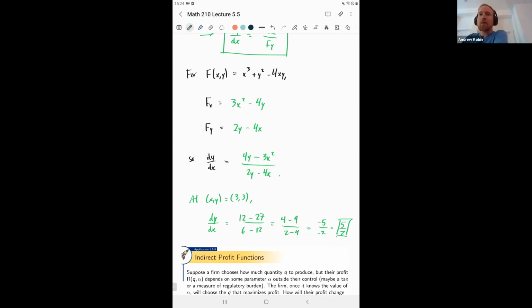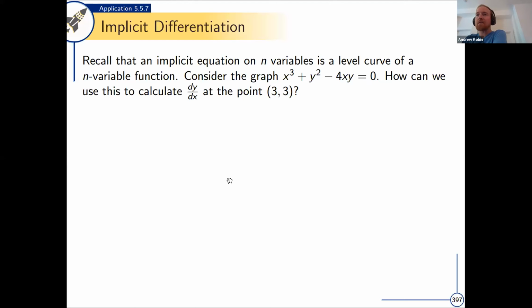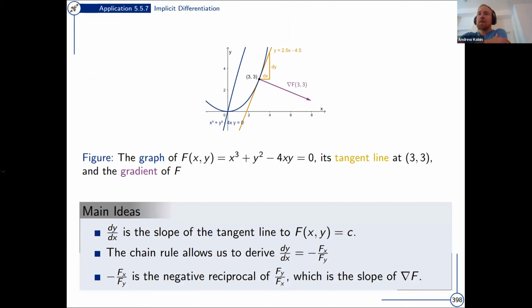Okay, we've got a little more work to discuss. I know this is a longer video, but I hope it's worth it because this is an extremely useful technique in lots of situations. By the way, here is a computer-generated graph of what just happened in the previous problem.